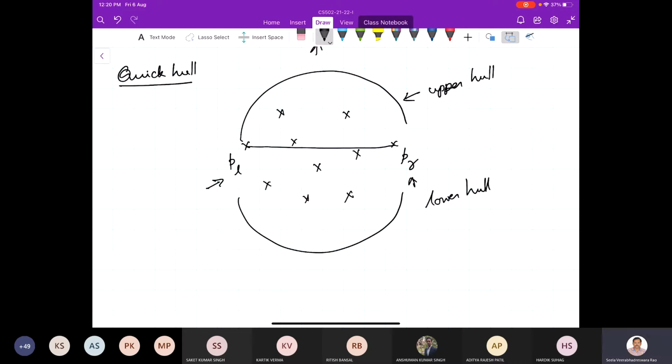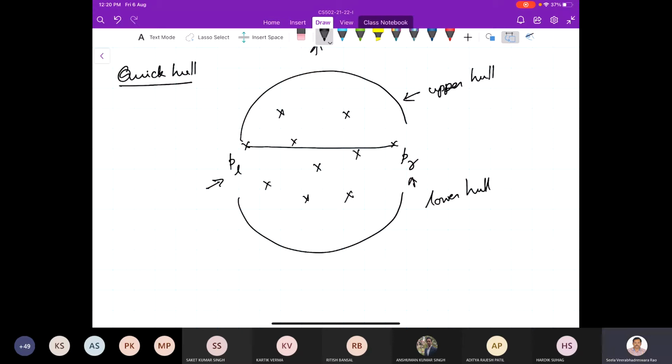The part of the convex hull below this line segment is the lower hull, and the part above this line segment is the upper hull. So you compute the upper hull and lower hull recursively and combine both solutions, some sort of divide and conquer strategy. Now we'll discuss how to compute the upper hull. The same method can be used for finding the lower hull.